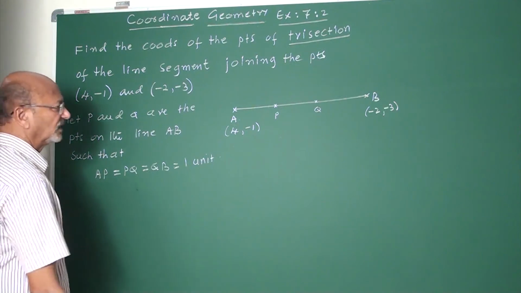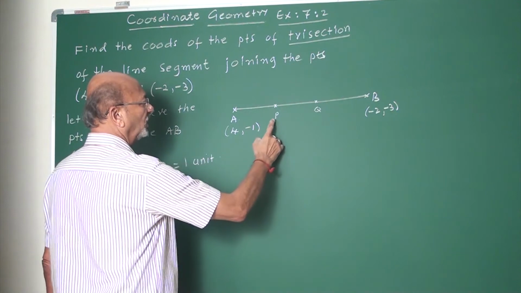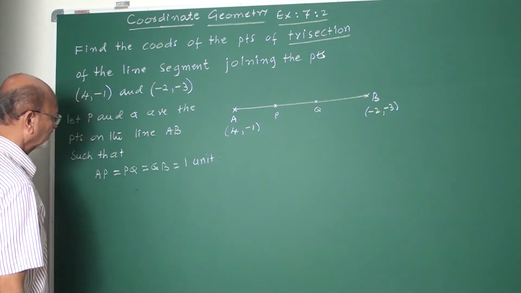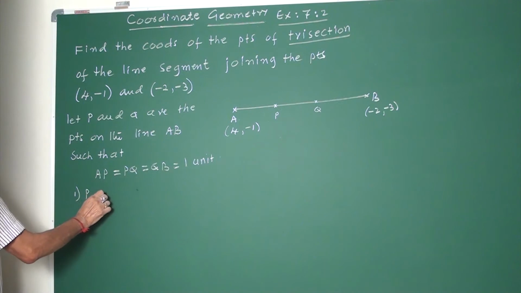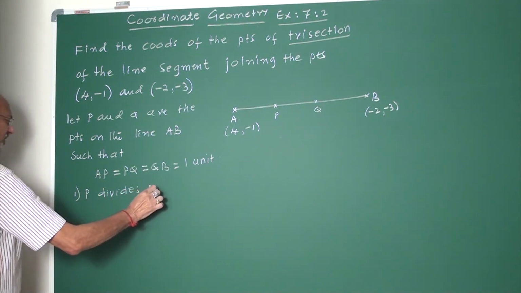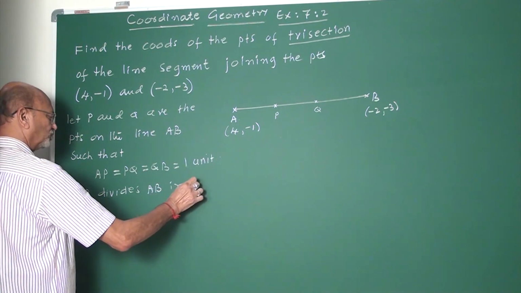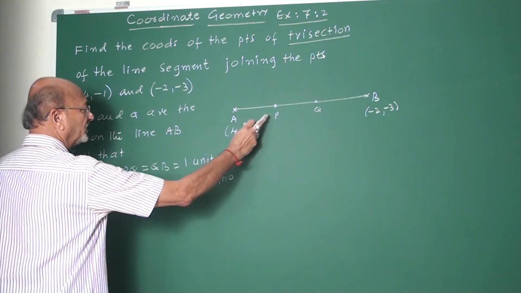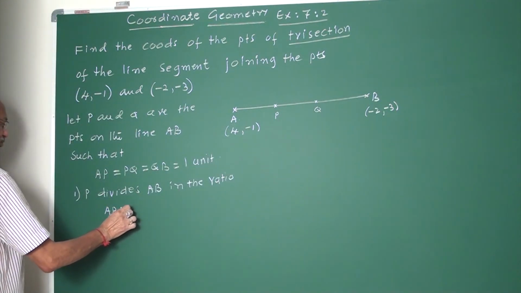Then, my friends, tell me: AP is 1. What is AQ? 1 plus 1, 2. What is PB? 1 plus 1, 2. Yes, my friend. First, P divides AB internally. In the ratio AP is to PB.